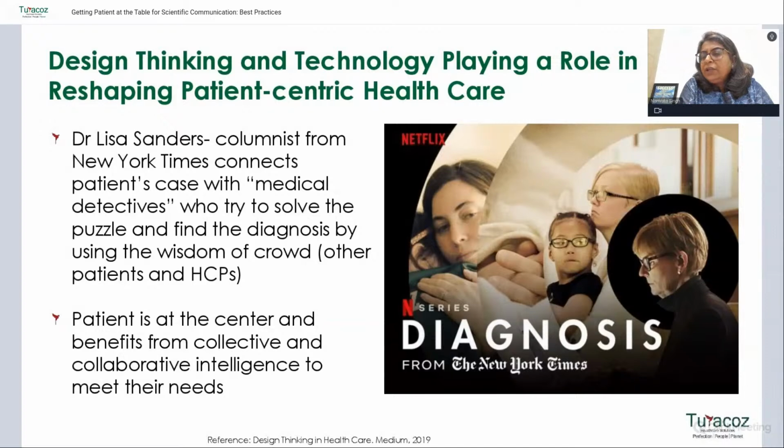So I thought of including that in this talk today. It's actually about a person, Dr. Lisa Sanders. She's a columnist from the New York Times, and she normally writes columns on various healthcare related topics and issues around it.